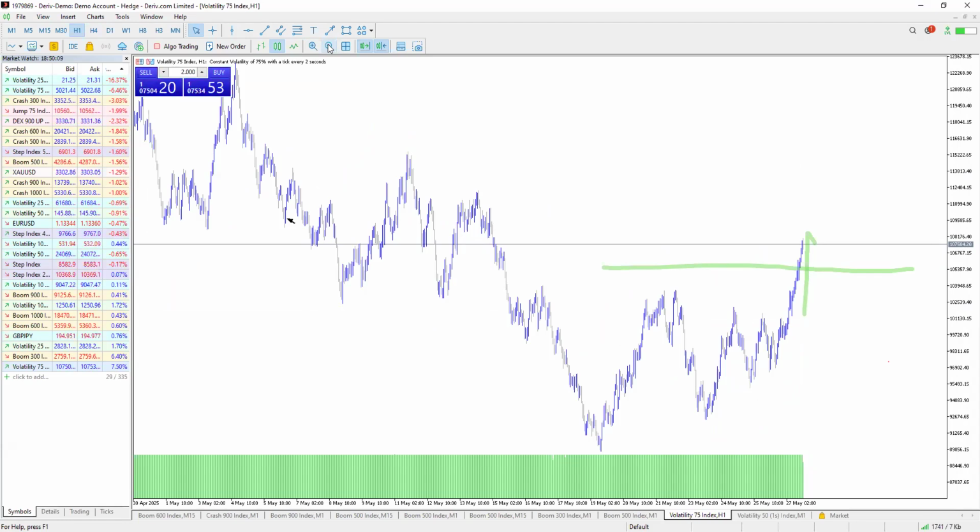What do I mean by that? We have areas in H1 that are going to be reactive, like which OB broke this structure over here. We can see that we have an OB, this OB over here, this one that I'm just marking.